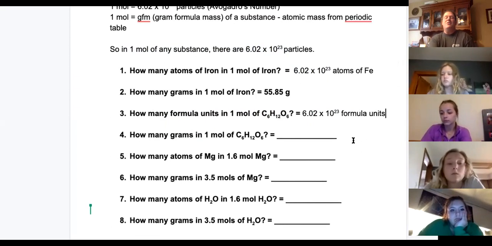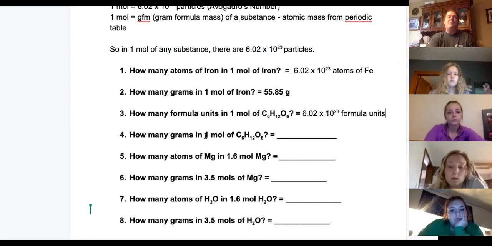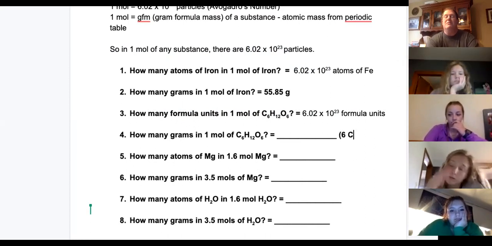Okay, Maya, you get the hard one. How many grams in 1 mole of sugar? So in this, you have to do what you had to do maybe on your worksheet. You have to look at this formula and say, okay, I have 6 carbons, and each carbon has a mass of 12.01 grams. So I have to multiply those two numbers.